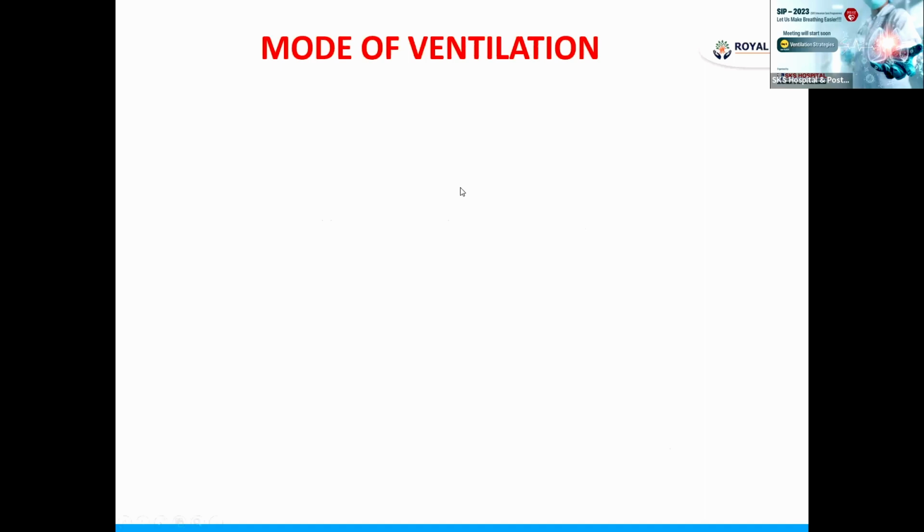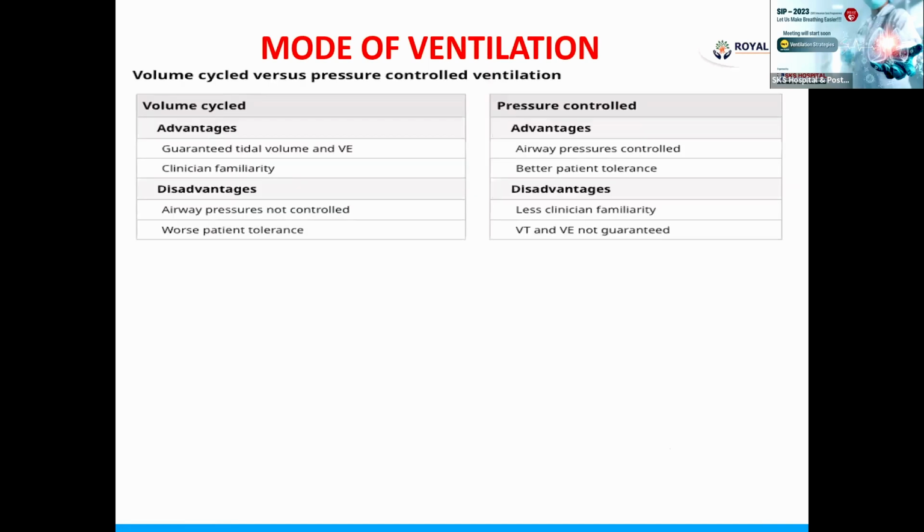So the next thing is, once you intubate this patient, how are you going to ventilate this patient? The first thing that comes to our mind is, what is the mode of ventilation? Is there any mode which is superior to the other? The predominant two modes that we always talk about are volume controlled and pressure controlled. As we all know, volume control guarantees your tidal volume. It avoids volutrauma. But the disadvantage is it doesn't guarantee your airway pressures.